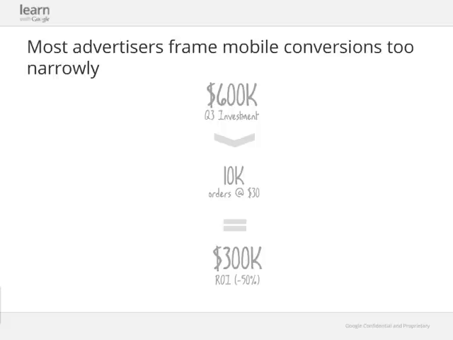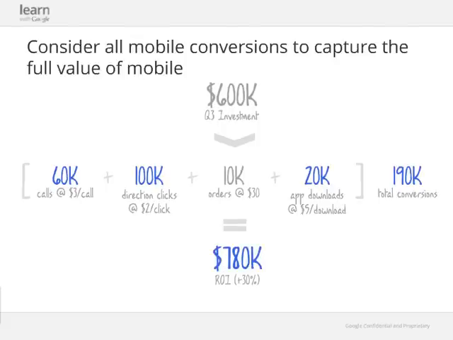So if you think about the ROI, you spend $600K, you get 300 grand. Not very good. Most CFOs, most CMOs would not be happy with this ROI, and rightly so, right? But then what we've found is that it's actually pretty important to consider all mobile conversions to capture the full value of mobile.